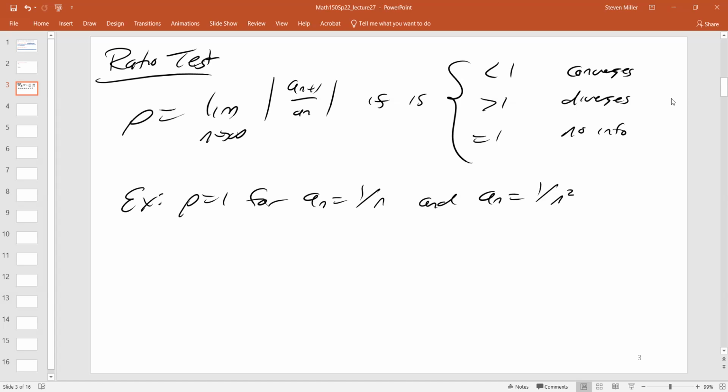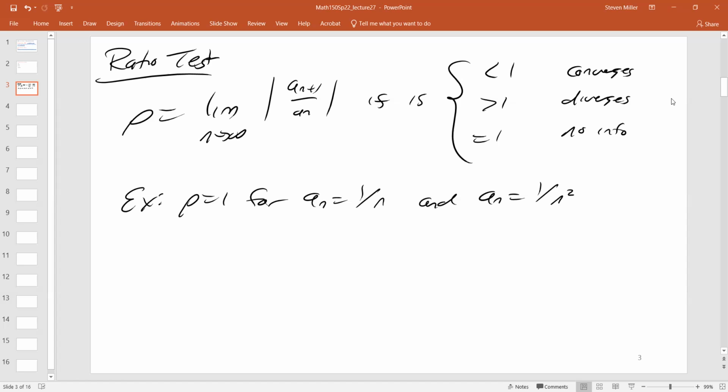But in practice, if rho equals 1, it always diverges. It could just be that the method of proof I'm giving you is not strong enough to do that. No, there's no hope. I can give you an example where rho equals 1 and it converges. I can give you an example where rho equals 1 and it diverges. So there really is no information when rho equals 1.